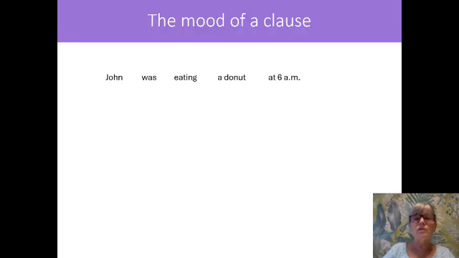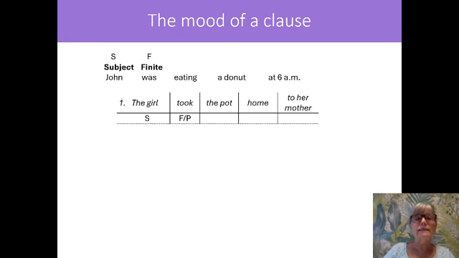So John was eating a donut at 6 a.m. We have the subject and the finite, right? And that constructs the mood. In the required reading, McCabe 2017, you'll find this exercise where you can try it if you want, where you analyze a text for subject, finite, predicator, right?